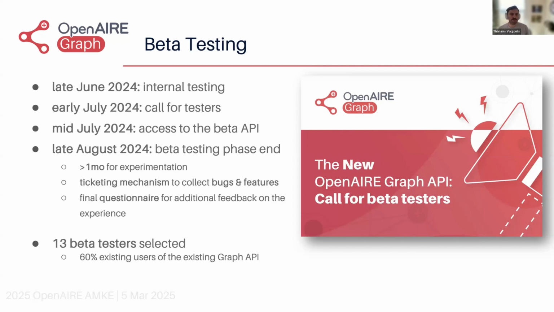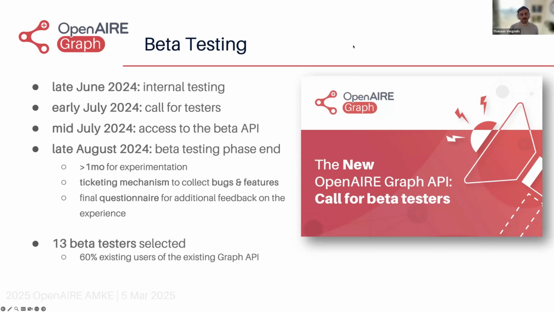And during the beta testing phase, we asked them to provide any feedback that they had during experimentation. There was a dedicated form to collect bugs, to collect feature requests and things like that. But also after the end of the beta testing, we asked for additional feedback with a final questionnaire that asked beta testers to provide particular input of interest that we would like to know about.